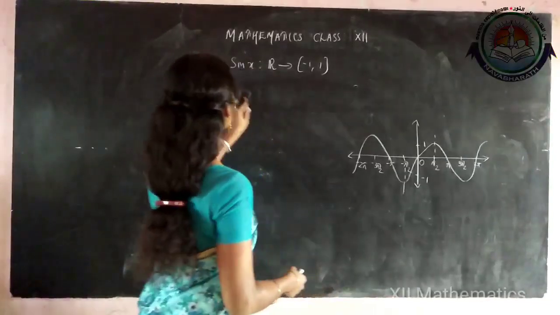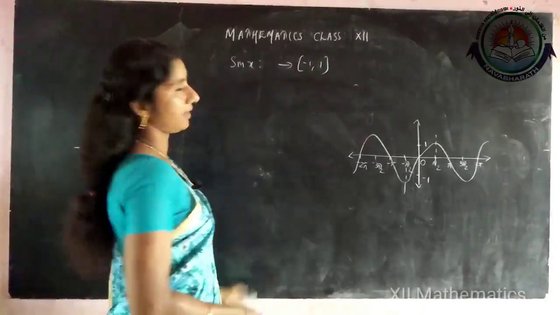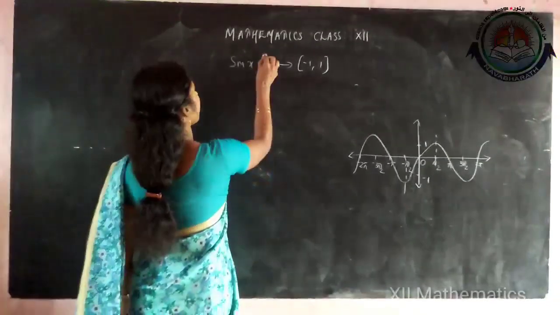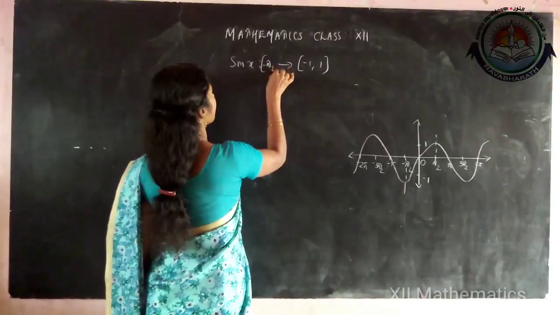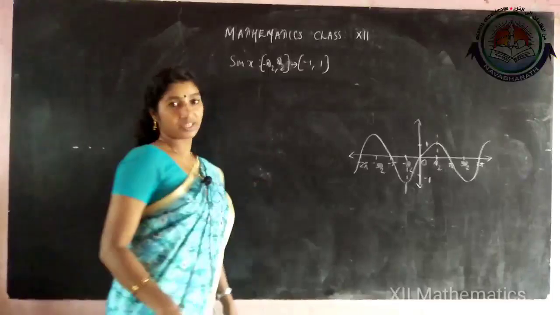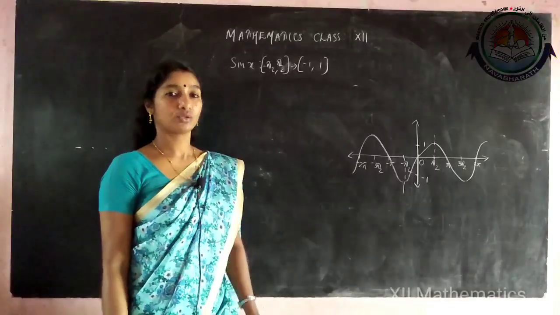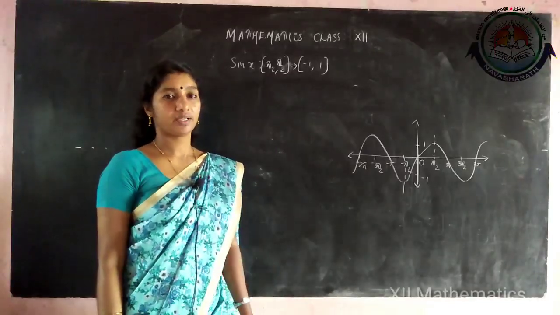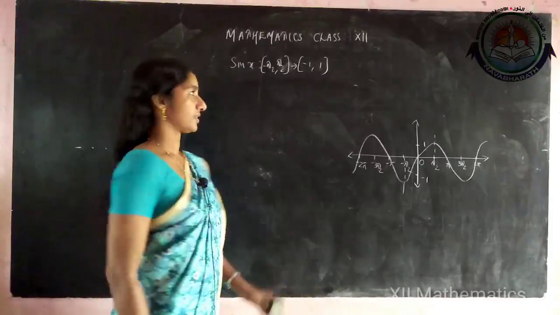Then we are changing this entire set of real numbers to minus pi by 2 to pi by 2. Now this function is a 1-1 and onto function, so we can define an inverse function.